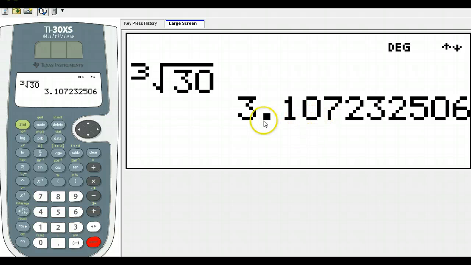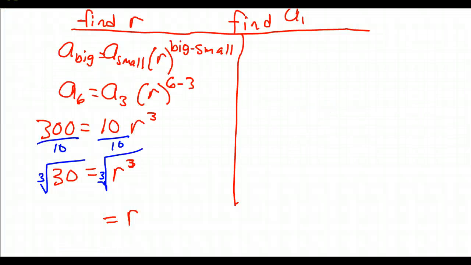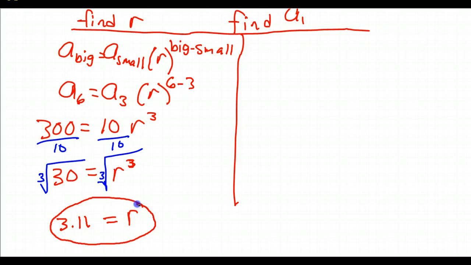For right now, let's just use 2 decimal places. So this is 3.11, let's say. So R is 3.11. So that's one of the things that we needed.